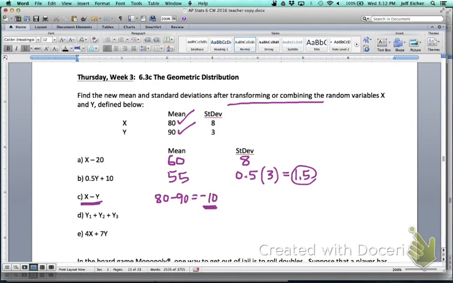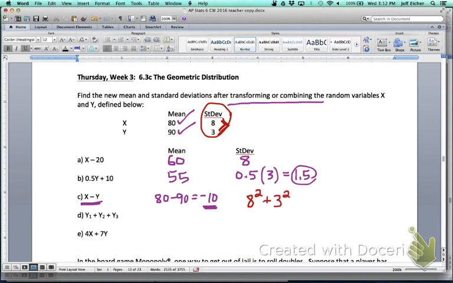The standard deviations, and this was a new point in our lesson, you cannot add or subtract standard deviations of random variables. You have to change them to variance. So to be able to combine these standard deviations, we would have to change it to variance, which is 8 squared is the variance, plus 3 squared.